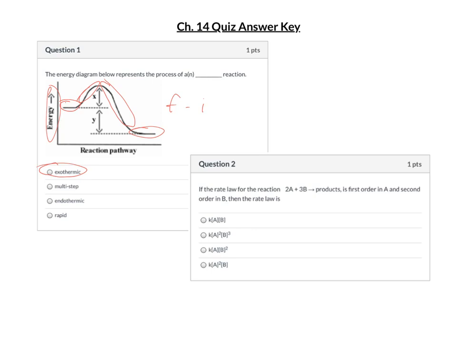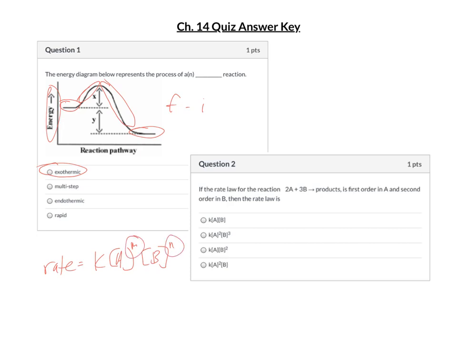Question number 2. If the rate law for the reaction 2A plus 3B goes to products is first order in A and second order in B, then the rate law is. Now we said that the rate law has the format of this. The reaction orders are what you put up here.